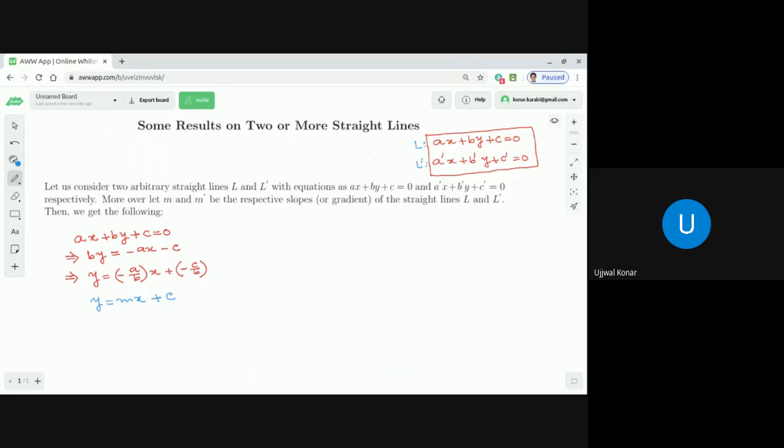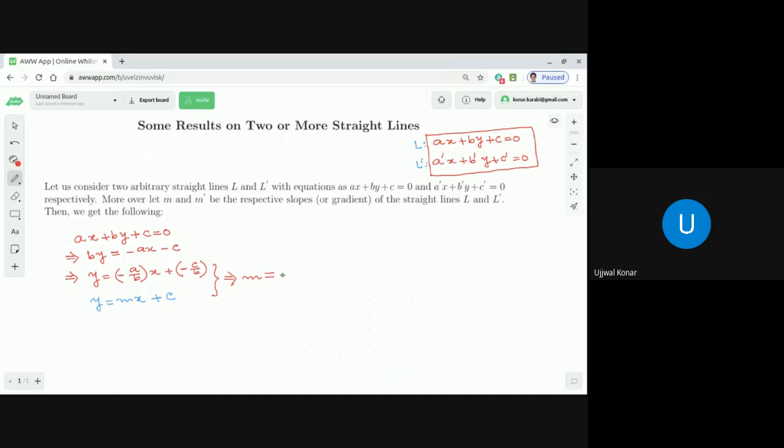So from here we find the value of m as minus a by b. m is the slope of the straight line ax plus by plus c is equal to 0.